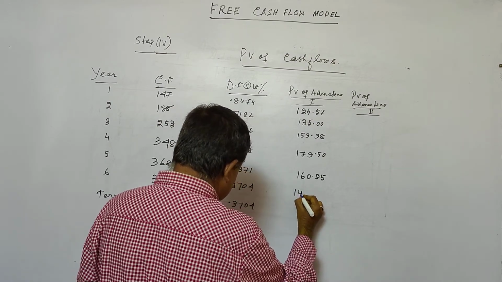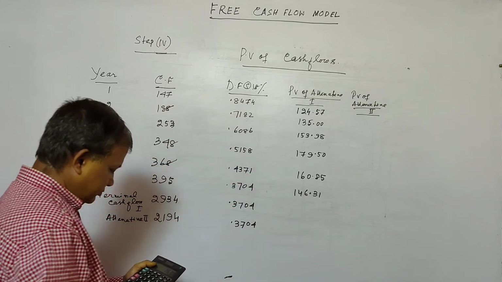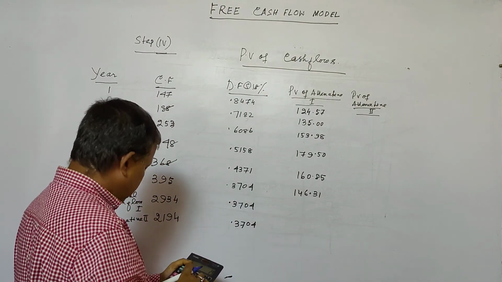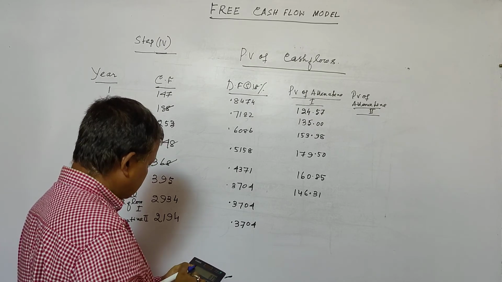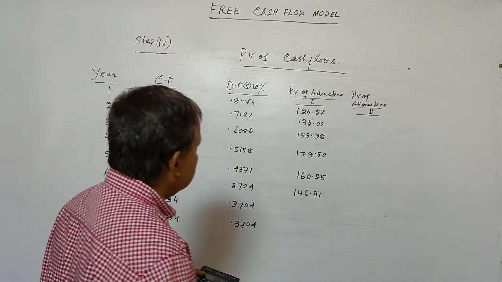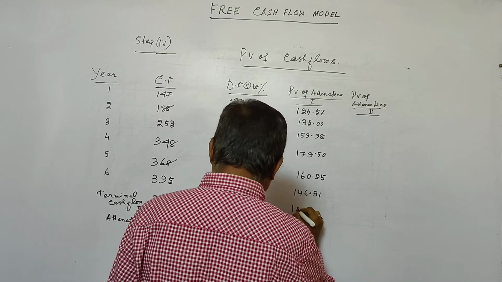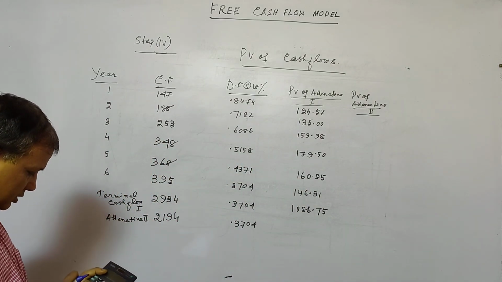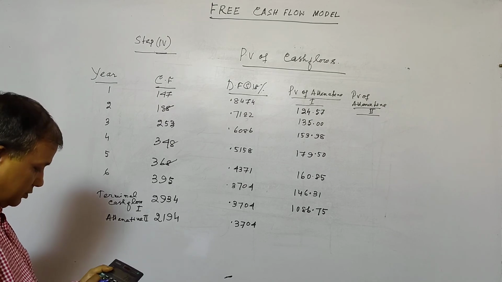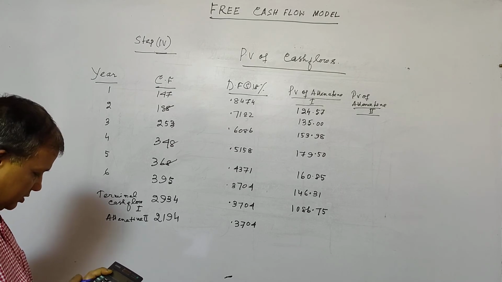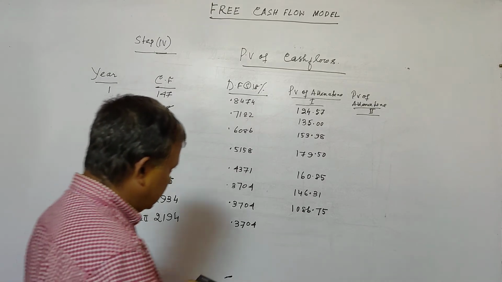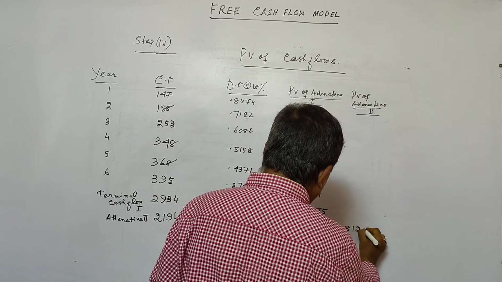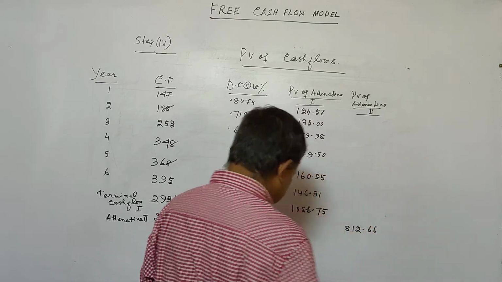Then 395 comes to 146.31. Then the terminal value of 2934 comes to 1086.75, and for the last one, second alternative, 2194 into 0.3704 comes to 812.66.